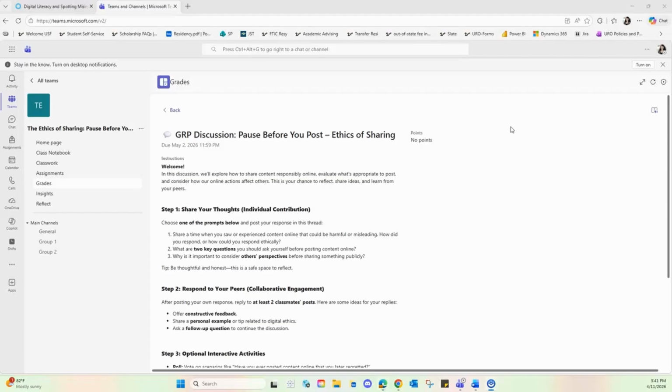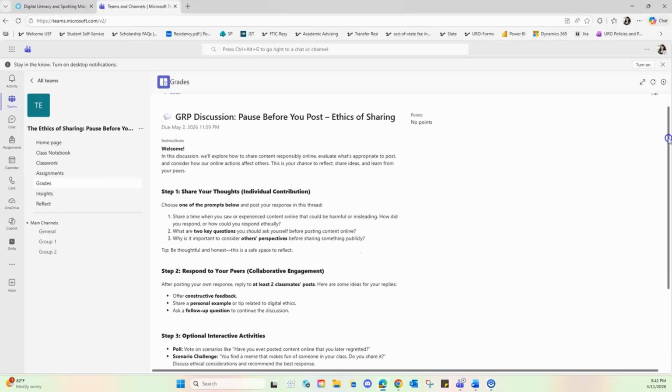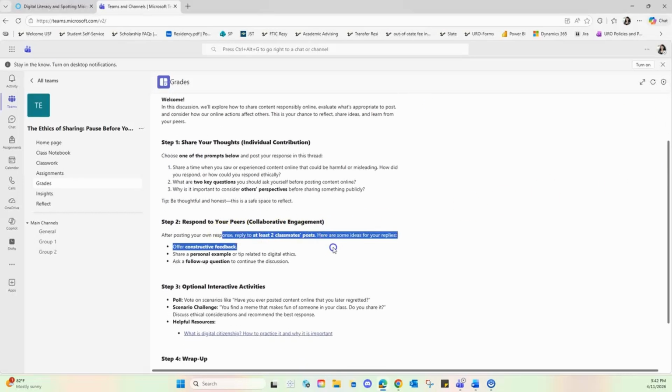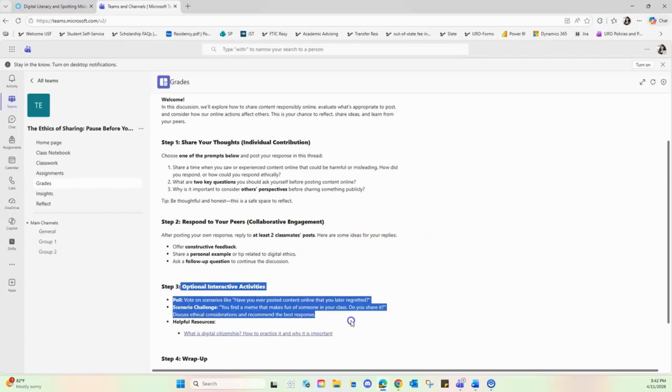Here is the breakdown of the activity. First, students post their own response to a prompt. Next, they respond to at least 2 classmates to build peer interaction. Then in step 3, we include optional interactive activities.